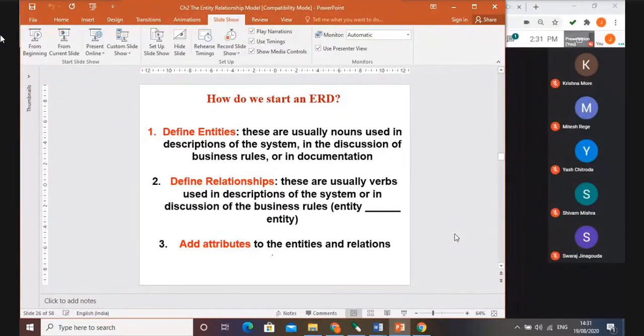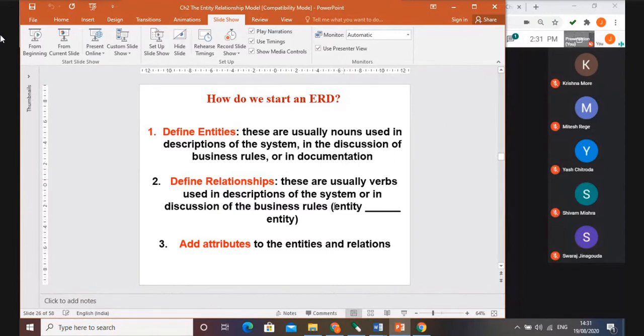So now we'll start our group work. I asked you to create your groups. In a group, 3 of you have selected one title or case study. For that case study, you have to write a problem statement. That problem statement you will convert into the ER diagram.